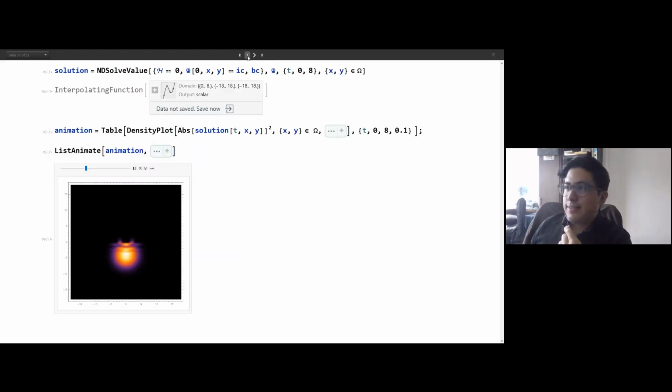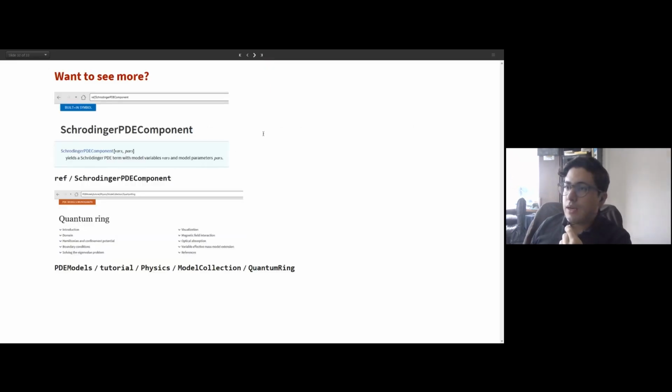I think that this could be useful for teachers or for people in education, as well as for researchers who want to solve or need to solve the Schrödinger equation. And if you want to see more, I encourage you, since 14.0 is out, to go to the reference page. There are more examples there.